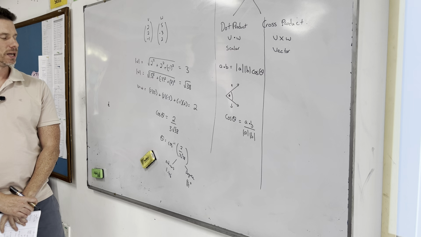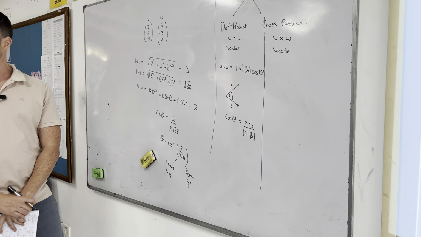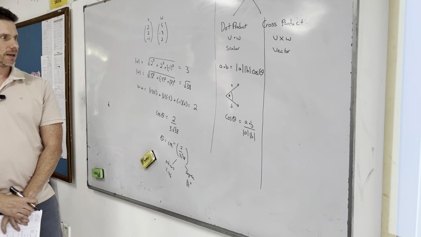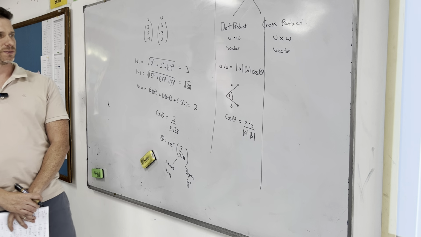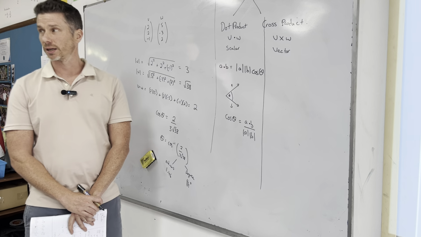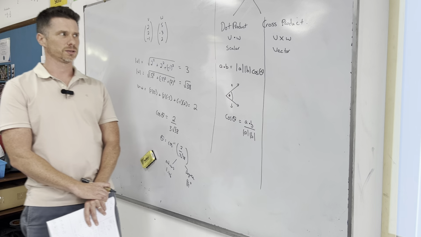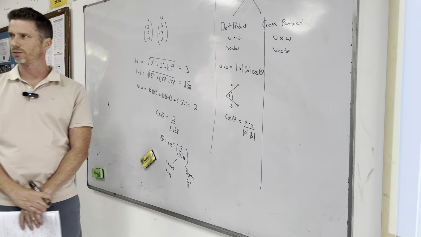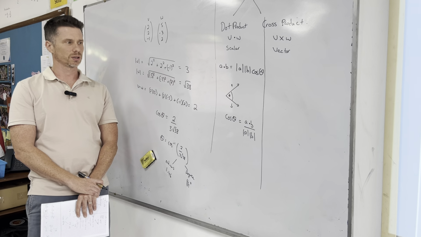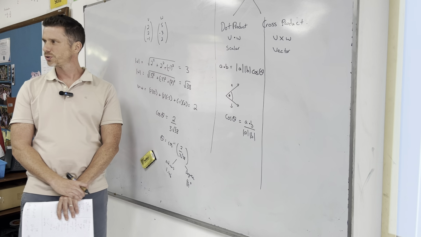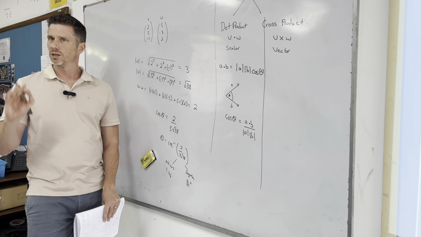Okay. Let's move on. One quite often asked thing is what happens if it's a 90-degree angle. So what do we expect the dot product of two vectors with a 90-degree angle to be equal to? Think cosine. Cosine 90 degrees is 0.